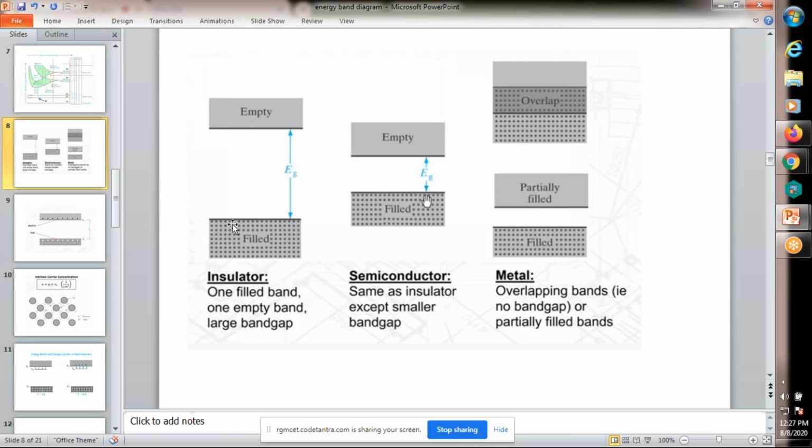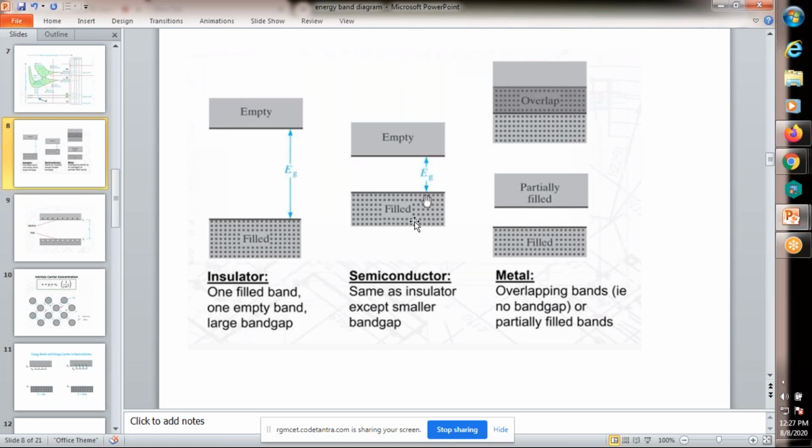The valence band is completely filled, whereas the conduction band is empty, and the band gap between these two bands is very high, nearly greater than 7 electron volt, or 5 to 7 electron volt.